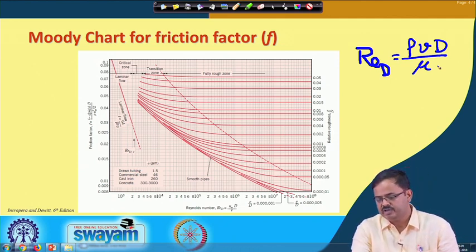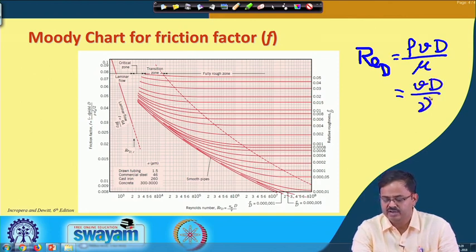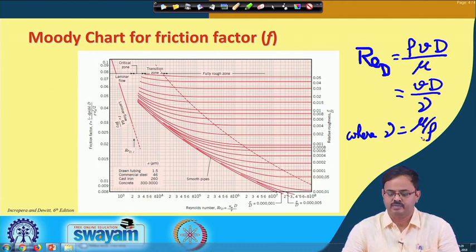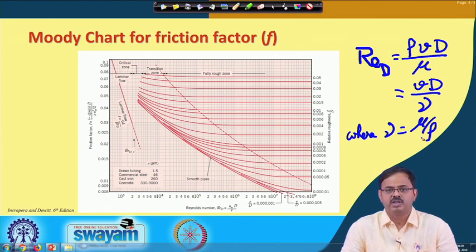So rho v d by mu, we can also write it as v d by nu, where nu is mu over rho. The nu is also known as the kinematic viscosity. Mu is the dynamic viscosity, nu is the kinematic viscosity.